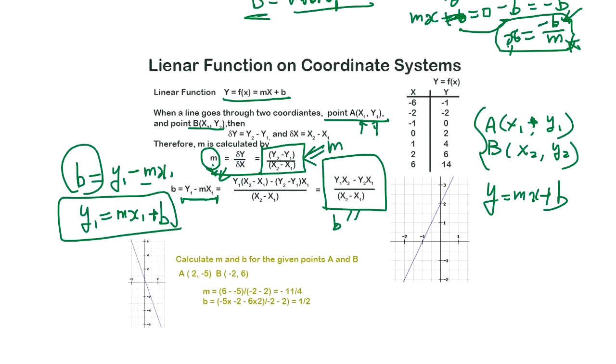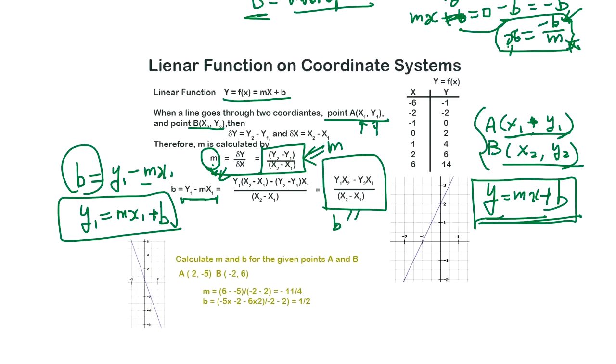Okay, so we can determine the linear function equation once we have information of two points. It's a line. You need at least two points of information to determine the line.